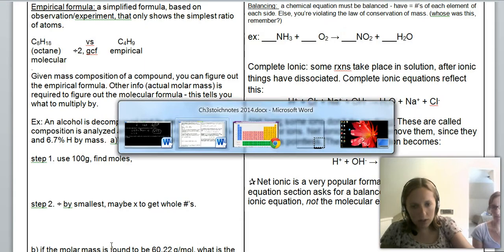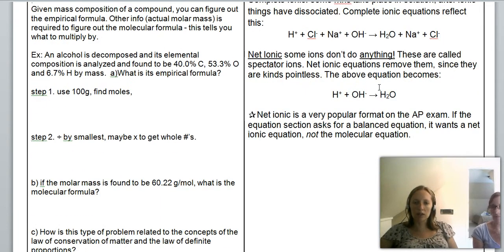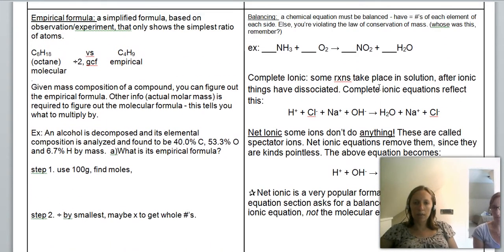And back to the notes. And then on sort of an unrelated topic, we have balancing equations.